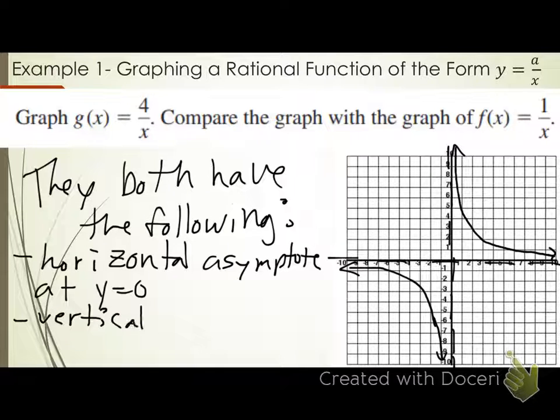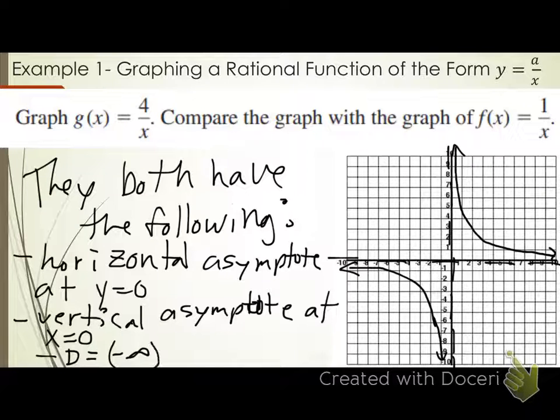Vertical asymptote at x equals 0. Domain and range go from negative infinity to 0, and then from 0 to infinity.